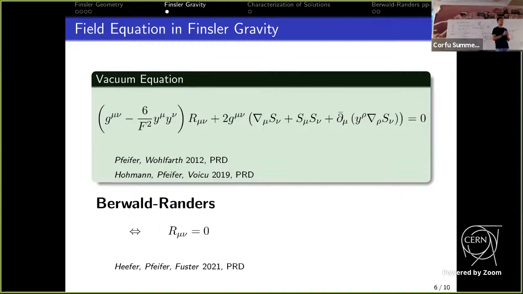That's, of course, a very good result, because this is just the formal equivalent of Einstein's field equations, and we know a lot about solutions to Einstein's field equations. So this allowed us to classify the solutions of this type to the field equation in vacuum.